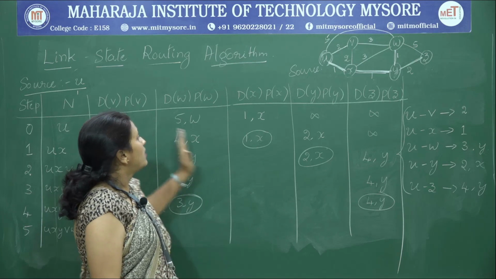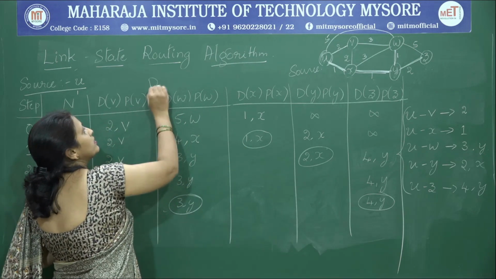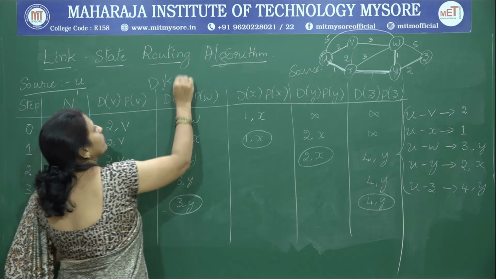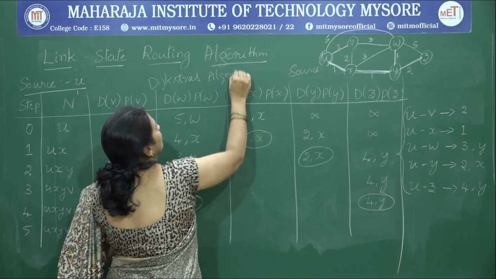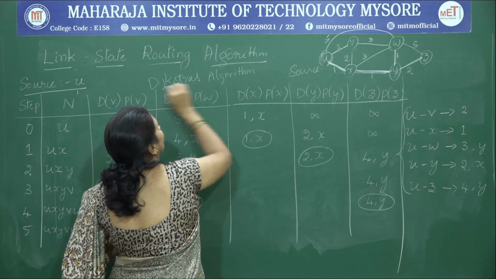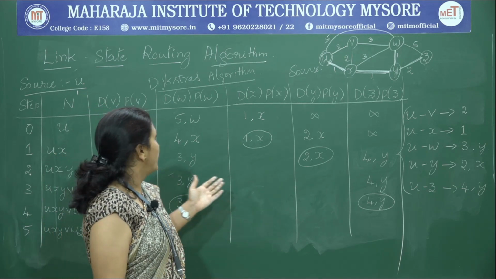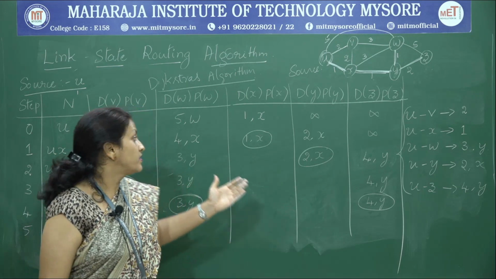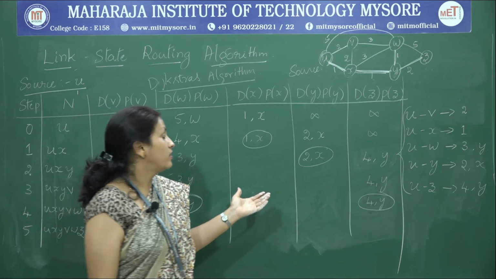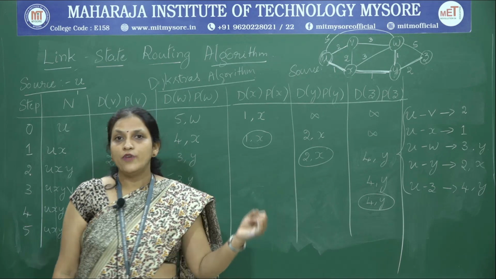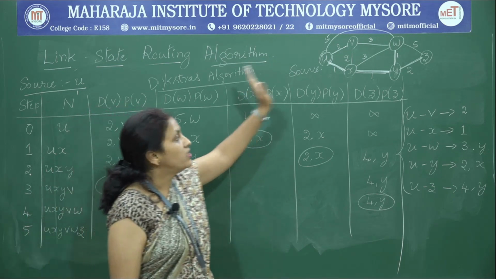So, this is about our link state routing algorithm. We also call this Dijkstra's algorithm. As we have already discussed, this is a global algorithm which makes use of the link state, which makes use of the weight that is being given to all the physical links that are available in the network.